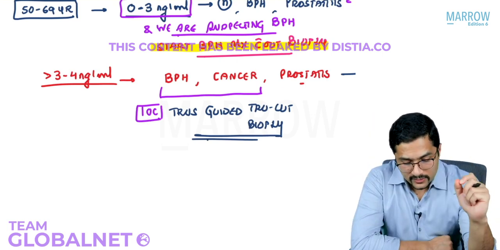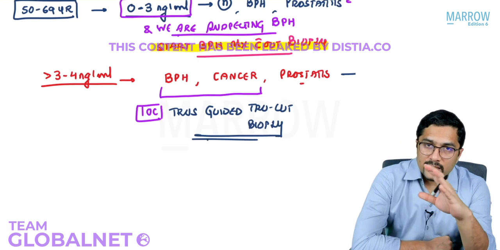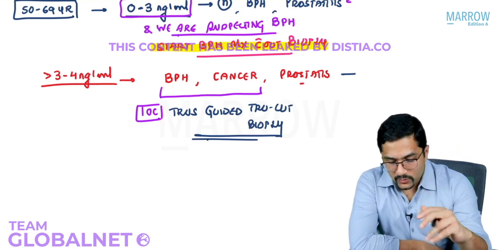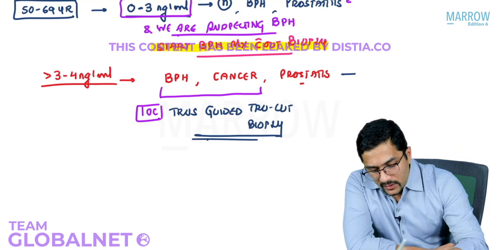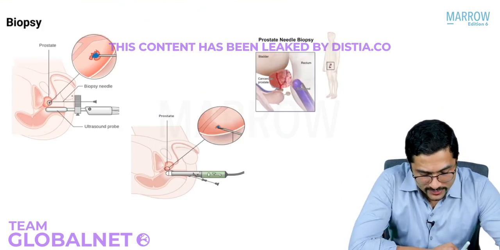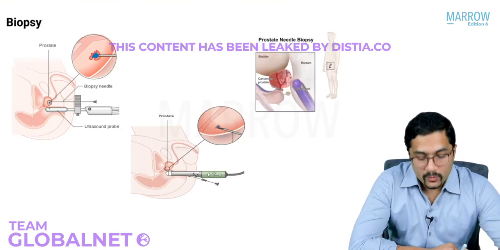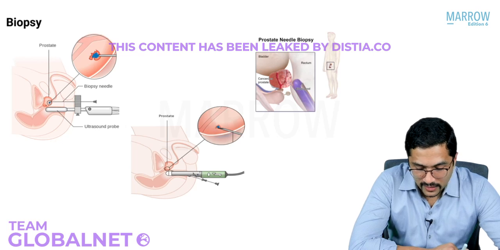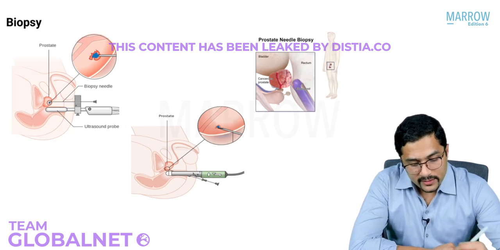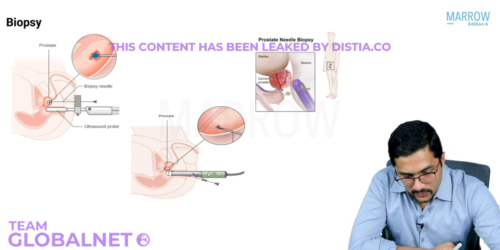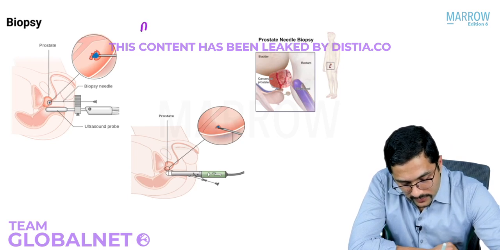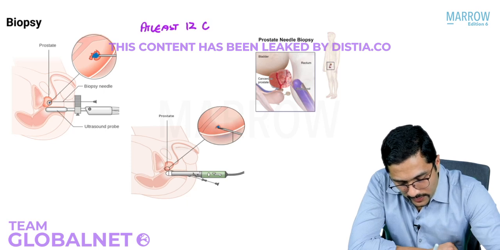Now, regarding TRUS-guided true-cut biopsy, there are certain points which I want you to know for the exam. So this is how TRUS-guided true-cut biopsy is done. An ultrasound probe is put in the rectum and then we target the prostate. So question number 1 which I want you to know, that at least 12 cores are taken.